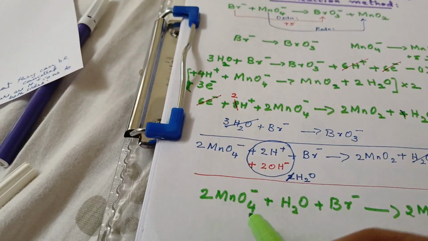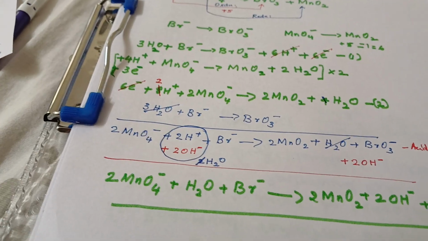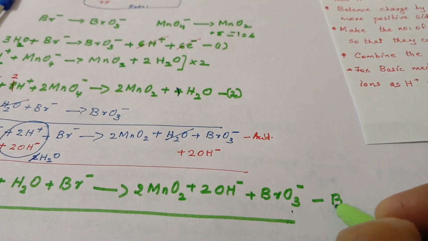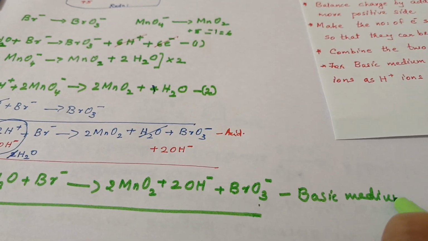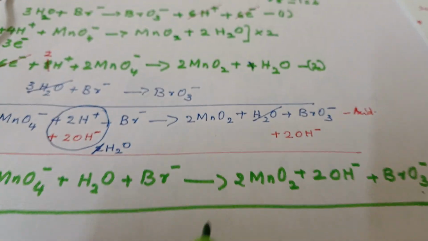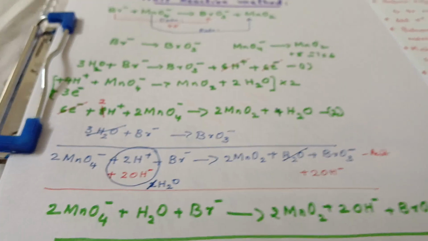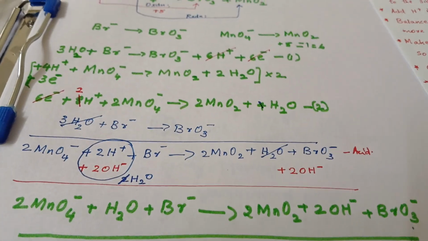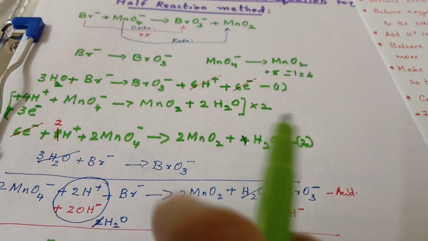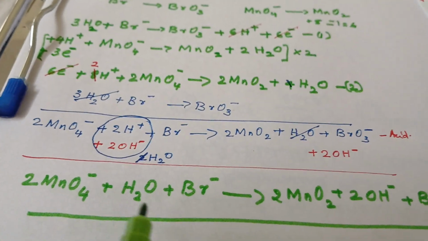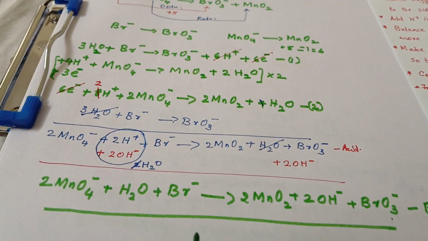So this is our balanced equation for the basic medium. Earlier we had done this in a previous video, but that was using the oxidation number method. Here we are using the half reaction method. So this will be our balanced equation for the basic medium.